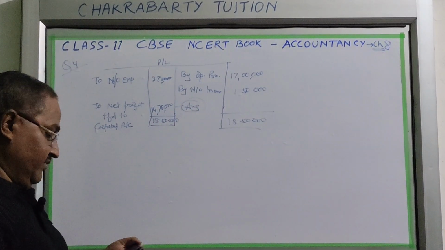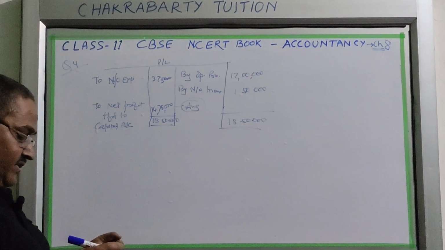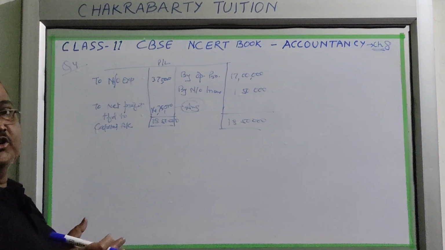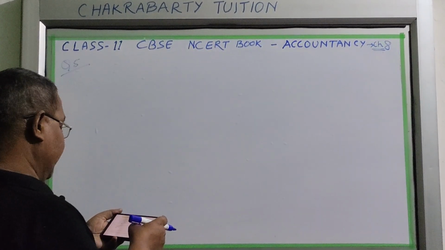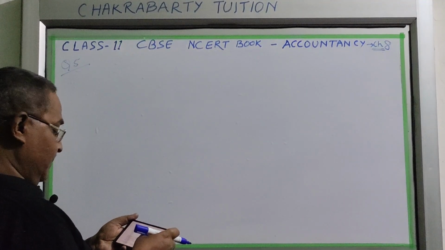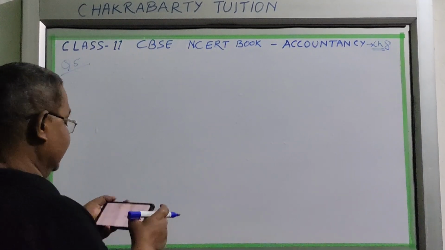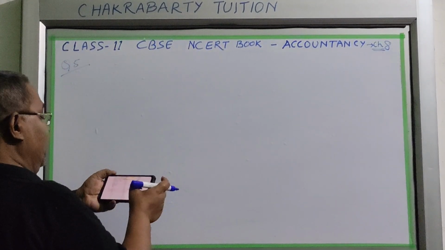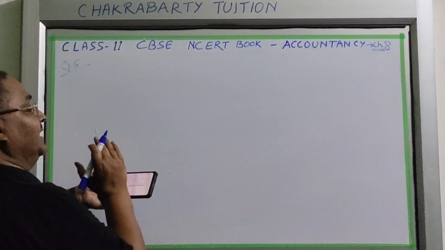Now we will go to the fifth question, where we have to make only general entries. In the fifth question, they have given some figures of the trial balance, and you have to first record the journal entries. So whatever is given in the trial balance, on whichever side it is given, we make the opposite side entry.